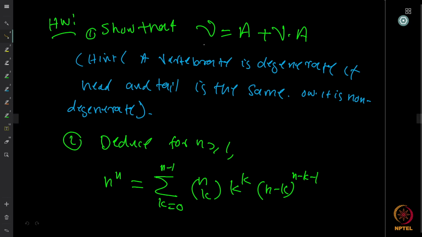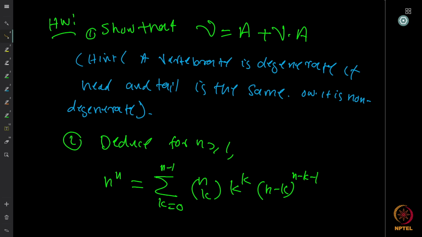Take the vertebrate and look at whether it is degenerate or not. If it is not degenerate, then you can cut off the tail and look at the remaining part, and use this to prove the identity.